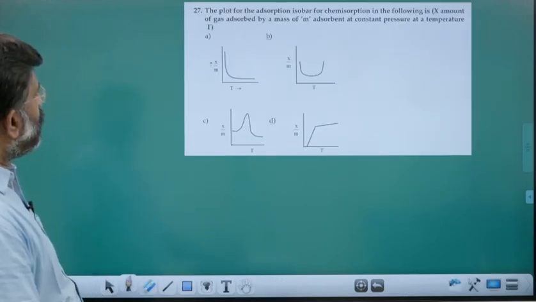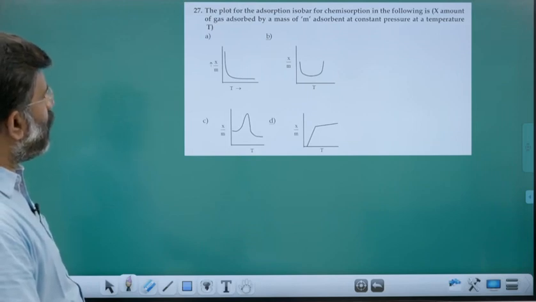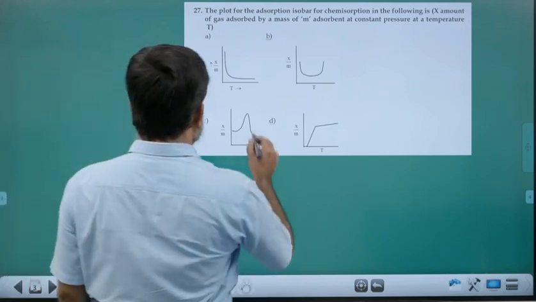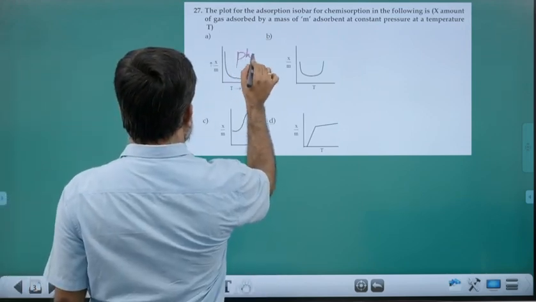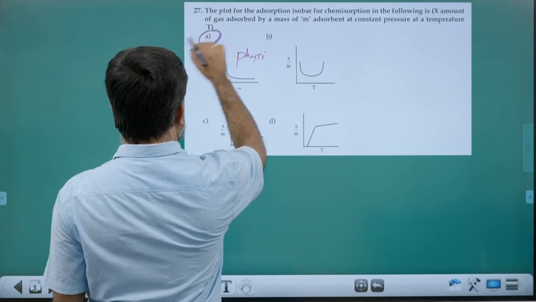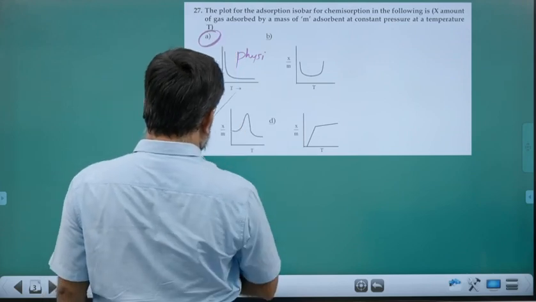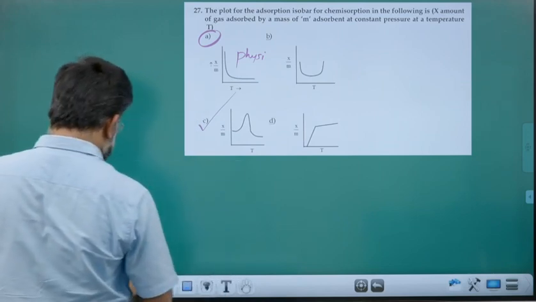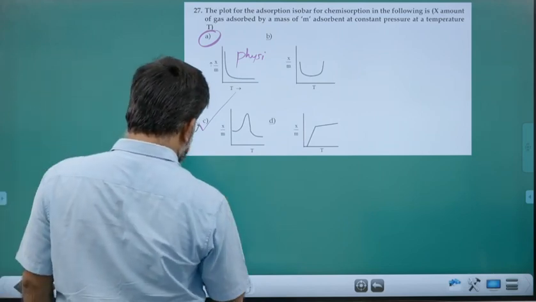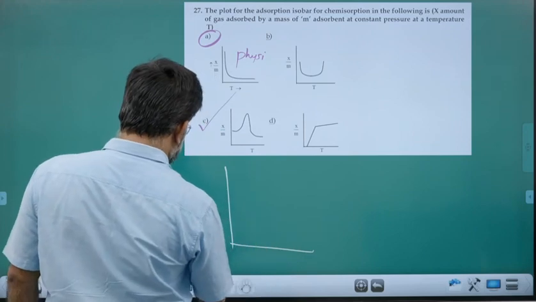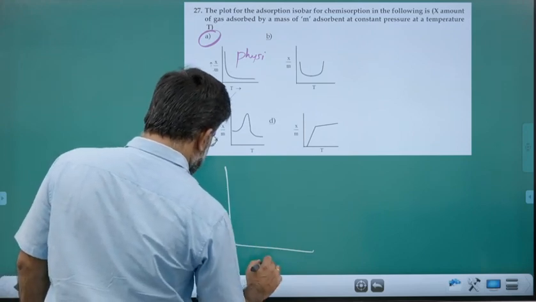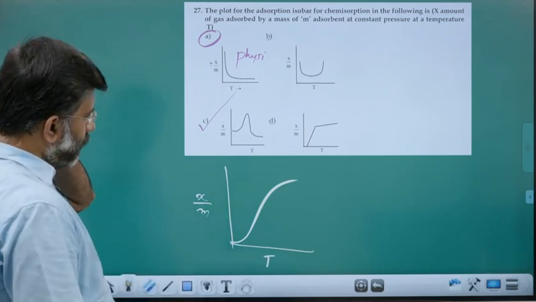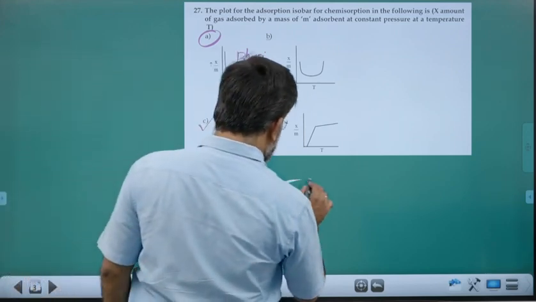The plot for the adsorption isobar for chemisorption. This is physisorption, option A, while option C is our answer, chemisorption. The graph has to be somewhat like this: x by m versus temperature. It increases like this, as it is activated adsorption, and there will be a saturation.